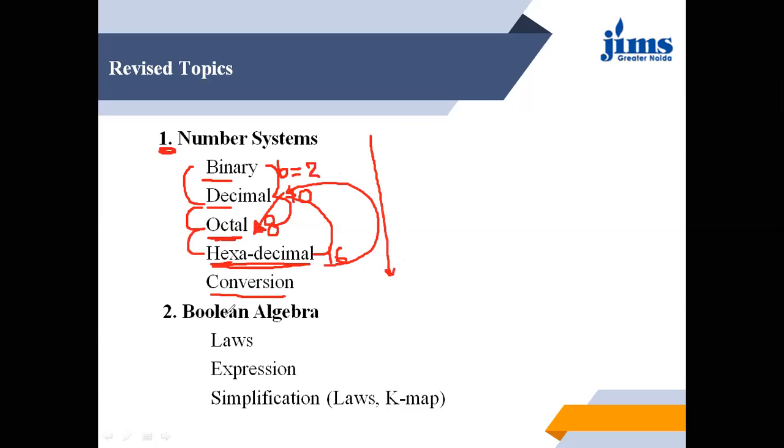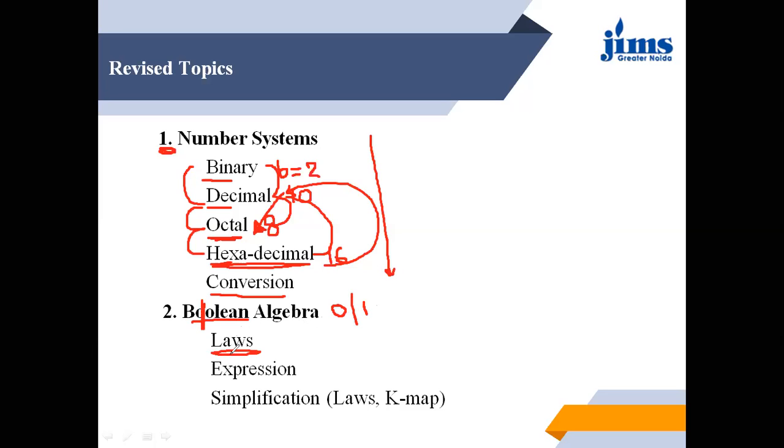After this, we discuss Boolean algebra. Boolean means two, so this is an algebra concerned with only two values, 0 and 1. After understanding Boolean algebra, we discuss the laws of Boolean algebra, which contain the associative law, complementary laws, and De Morgan's law.